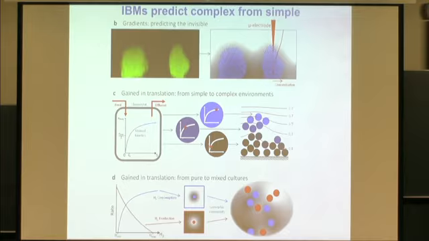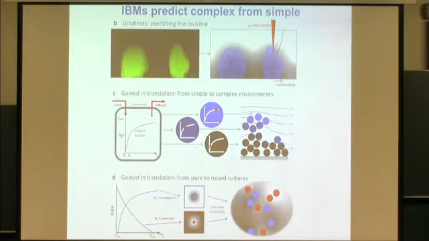You can also construct synthetic communities, for example here interspecies hydrogen transfer, where you have a hydrogen producer and a hydrogen consumer producing or consuming hydrogen, and you can study this in isolation again and put it together in a model, and it will predict the rate of hydrogen transfer in given spatial positions of the cells.